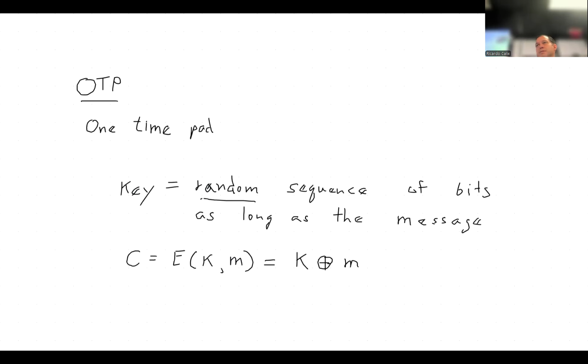So what if you encrypt it and someone intercepts that ciphertext? That's how Claude Shannon starts to think about this problem. The basic idea is that the ciphertext, C, should reveal no information about the plaintext, M.